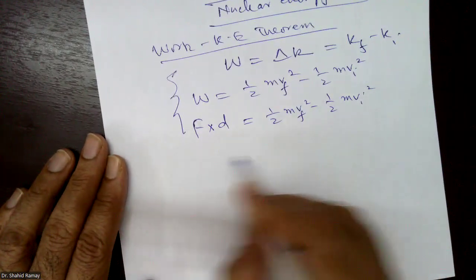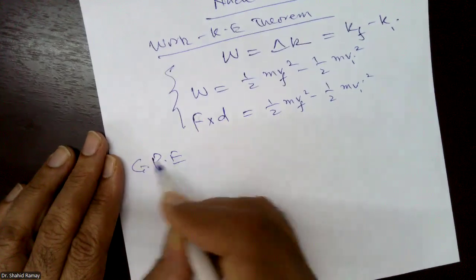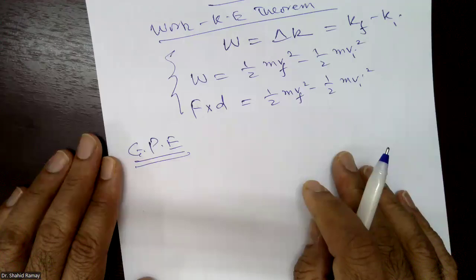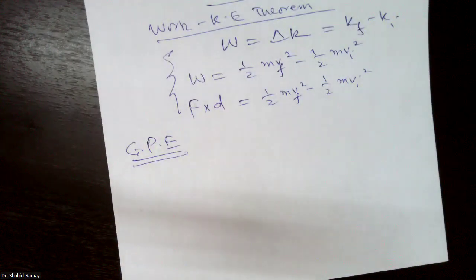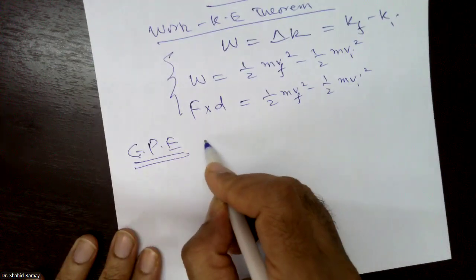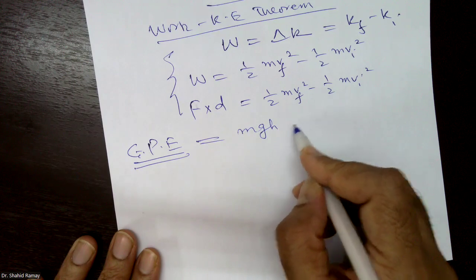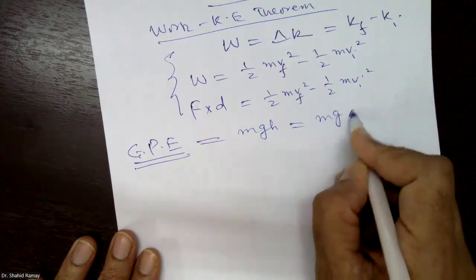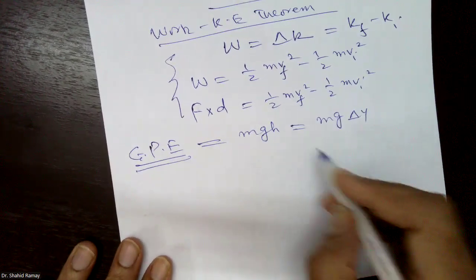Now we have potential energy, and this potential energy is gravitational potential energy. In gravitational potential energy, you remember at high school level that this is equal to mgh, or you can write it as mg delta y. Delta y means the change in the vertical positions.